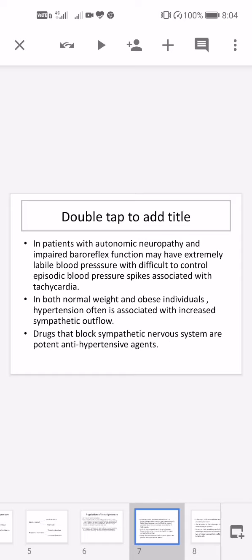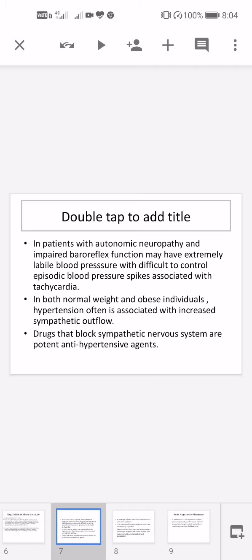In both normal weight and obese individuals, hypertension often is associated with increased sympathetic outflow. So, drugs that block the sympathetic nervous system are potent antihypertensive agents.